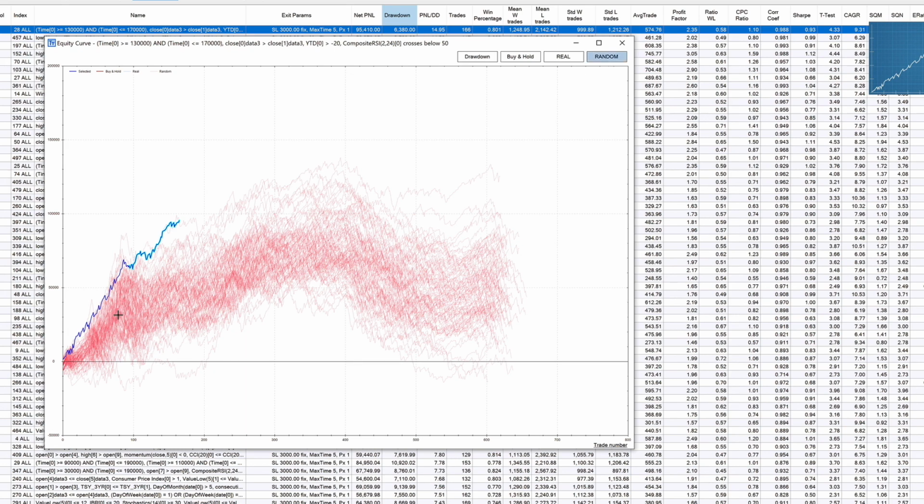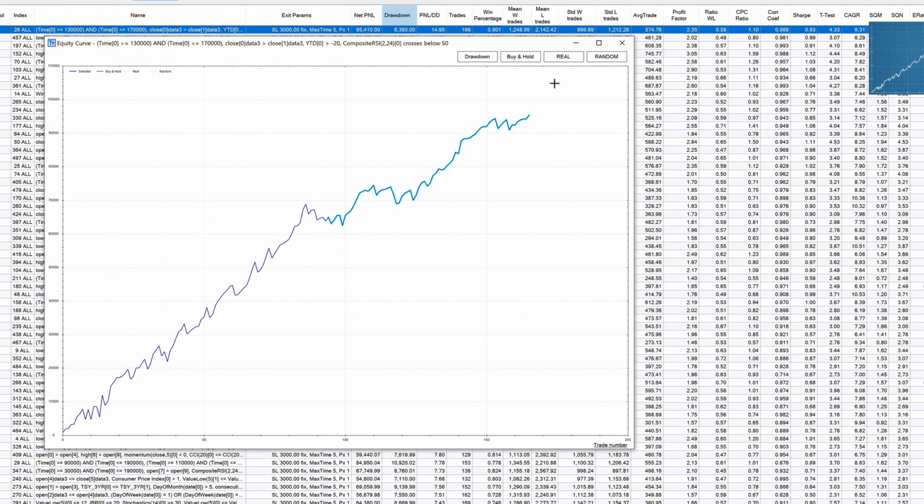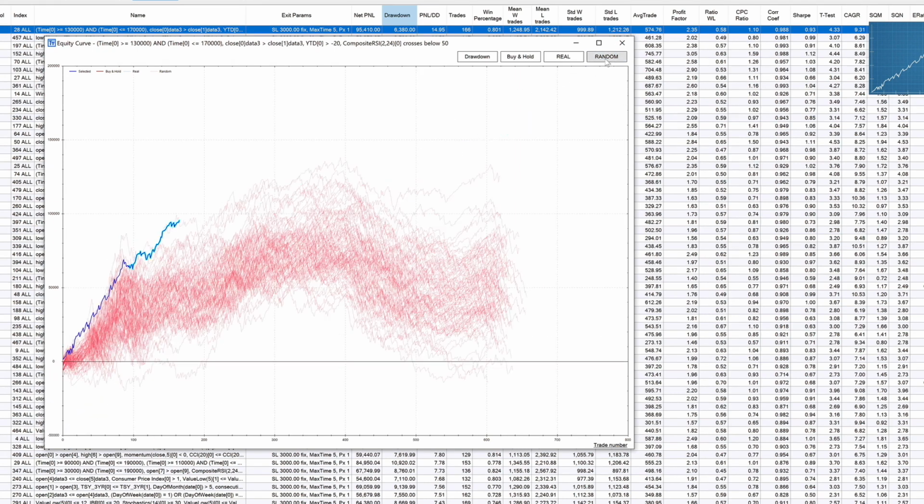This shows us, while Build Alpha was generating our strategy, it also kept a library of randomly generated strategies. And what this allows us to do is to compare our equity curve right here to a bunch of random strategies. And we can see that the random strategies here are all in red, creating this cloud of random strategies.